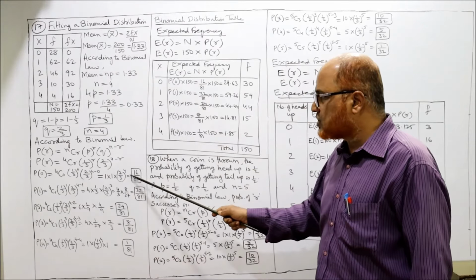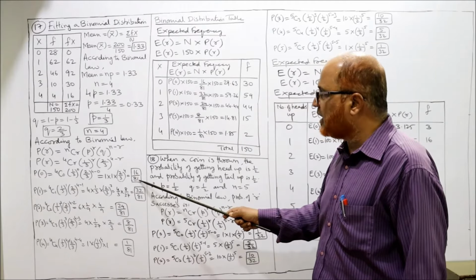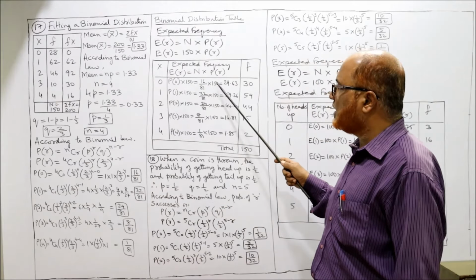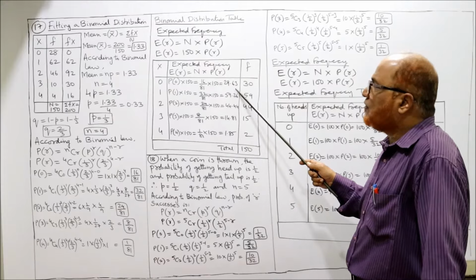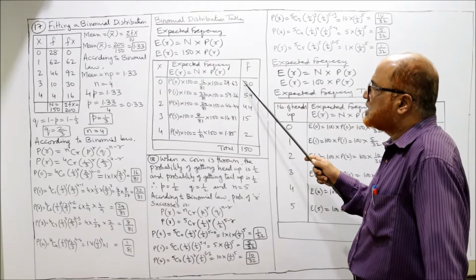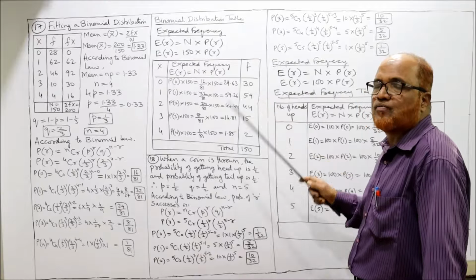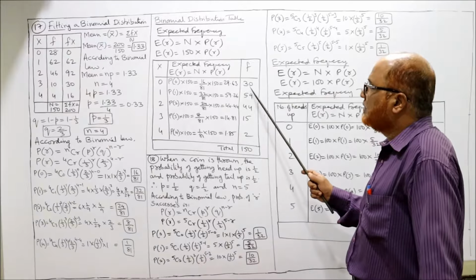How much is P of 0 here? 16 by 81. So 16 by 81 into 150, you will get 29.63. We'll round it off to 30, because frequency will be a whole number.